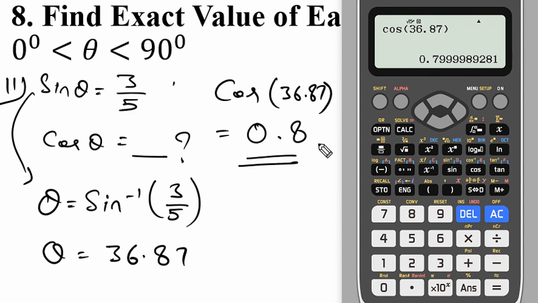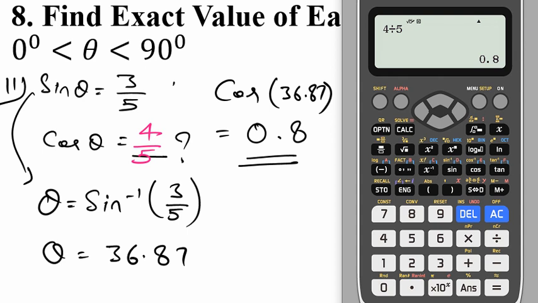If you ask me, the answer was 4 over 5, right? I did that in the previous one, and 4 over 5 is 0.8. So if you see the options, because these questions will definitely come as MCQs, you can cross check where you are getting 0.8, and that will be your answer. Okay, that's how you will do it.